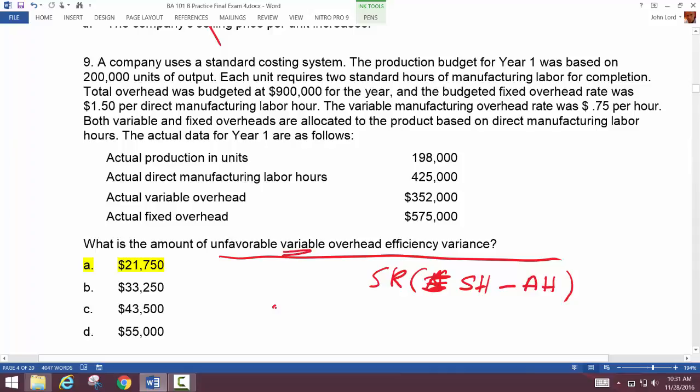My standard rate is going to be 75 cents, Omar, because I just look at the variable here. Now, do I have the actual hours that they used? Looks like they used 425, right? What should they have used?